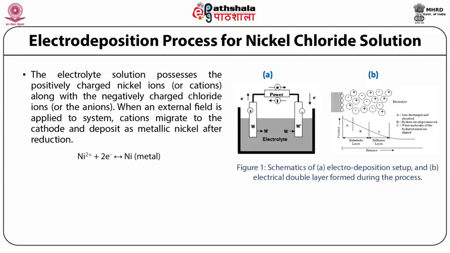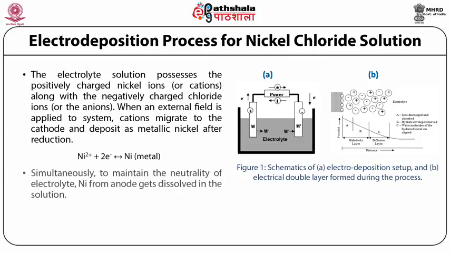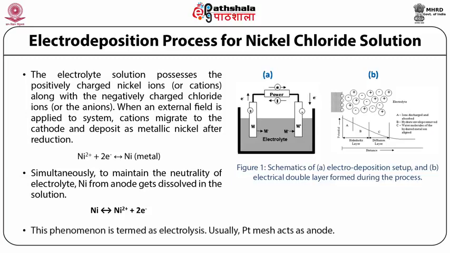So, Ni2+ plus 2 electrons will give metallic nickel. Simultaneously, to maintain the neutrality of the electrolyte, nickel from the anode gets dissolved in the solution. So nickel gives Ni2+ plus 2 electrons. This phenomenon is termed as electrolysis.